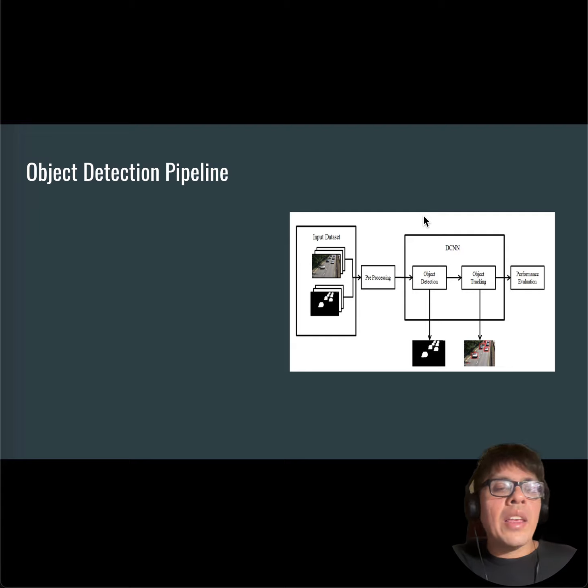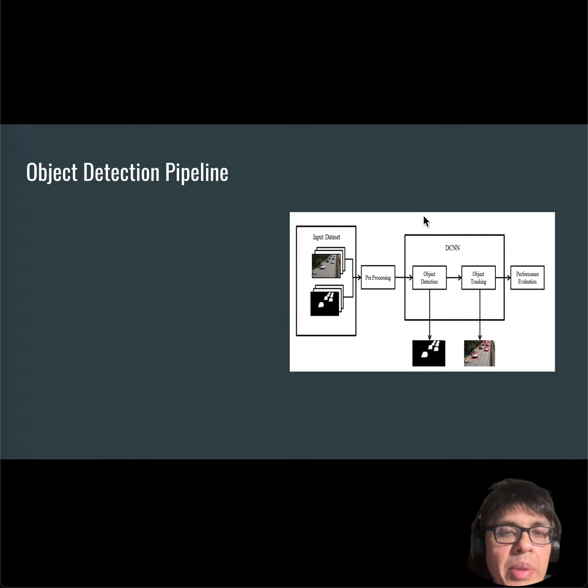This is an example of an object detection pipeline. What we have here is some kind of input data set, and it looks like cars, the silhouettes of cars. There's a pre-processing stage which probably normalizes contrast, aligns images a little bit, and gets rid of excess noise, as pre-processing typically does with images.